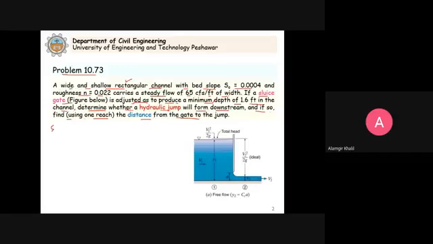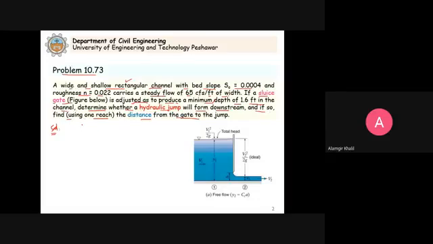We apply the basic concepts that we learned in the previous class. First we have to determine whether the hydraulic jump will form downstream of the gate or not. Discharge per unit width is given.